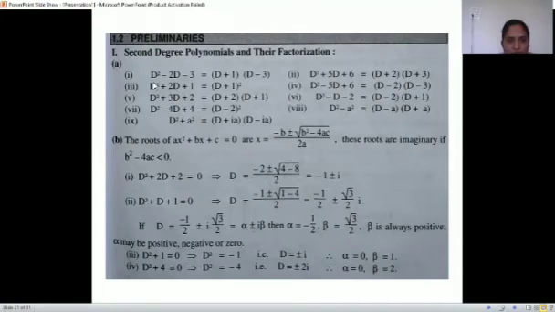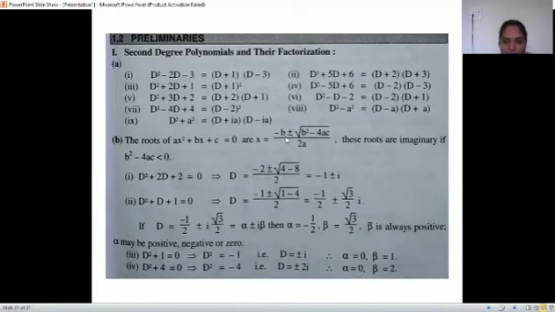Here, for the first or second, take the second. Comparing with ax square plus bx plus c is 0, it is ad square plus bd plus c is 0. Right? So a is 1, b is 5 and c is 6. You put in the formula minus 5 plus minus root 25 minus 4 into 6 into 1, that is 24. 25 minus 24 is 1. Root 1 is 1.